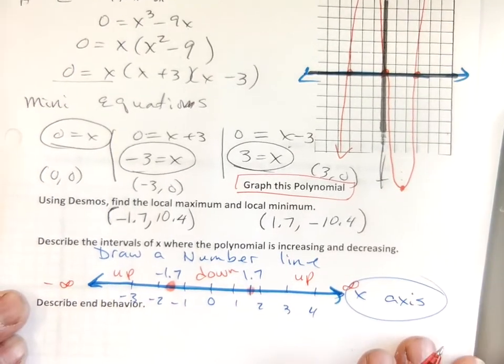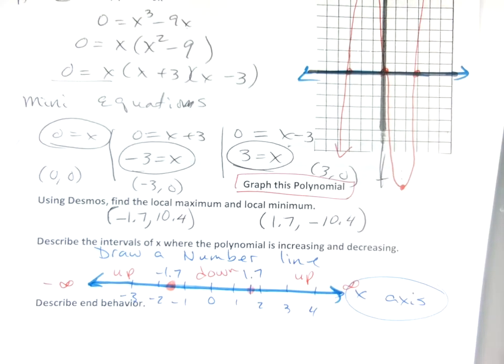I heard Braden say it, it's just the x-axis. So if you look at just the x-axis, it's going uphill until you get to negative 1.7. And then it's going downhill from negative 1.7 to 1.7, and then from 1.7 to infinity, it's going uphill again.